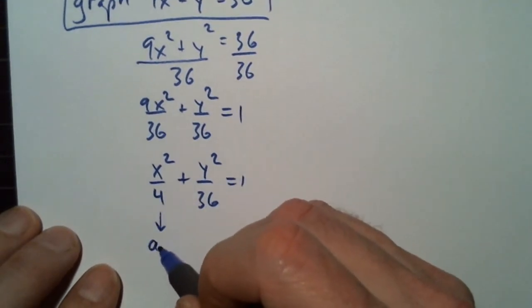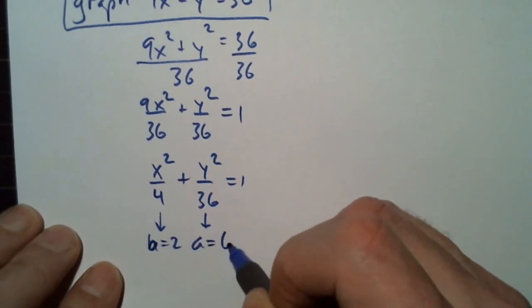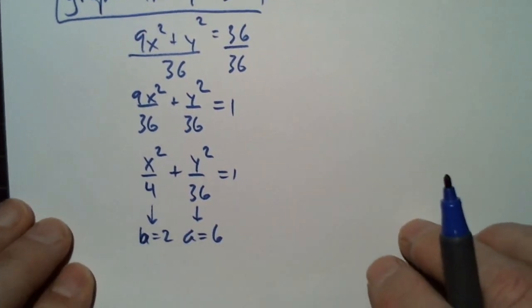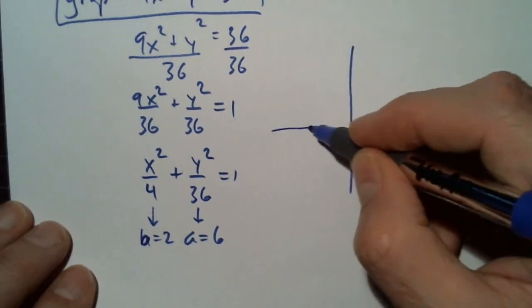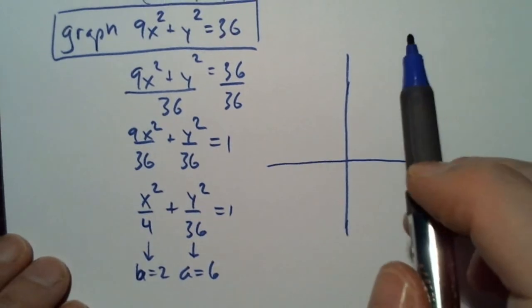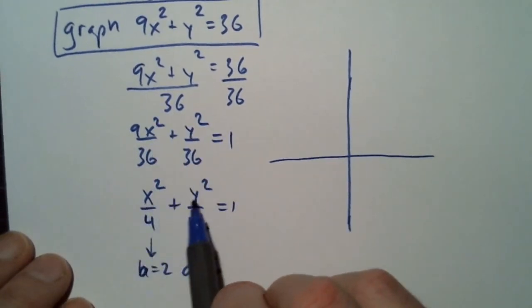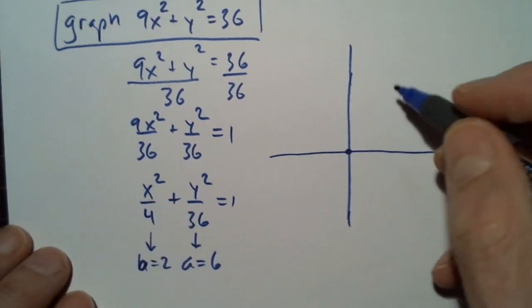So here we have, call that B, A is 6. And there are no translations, so the center is at the origin.